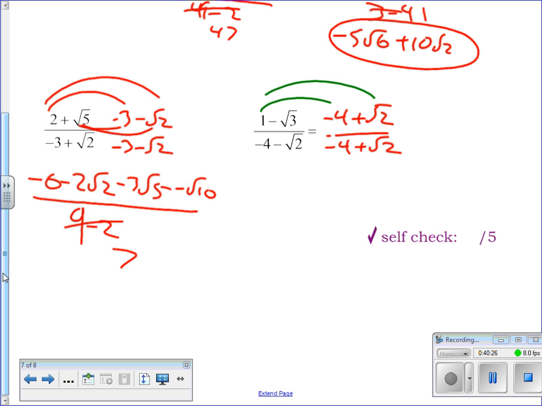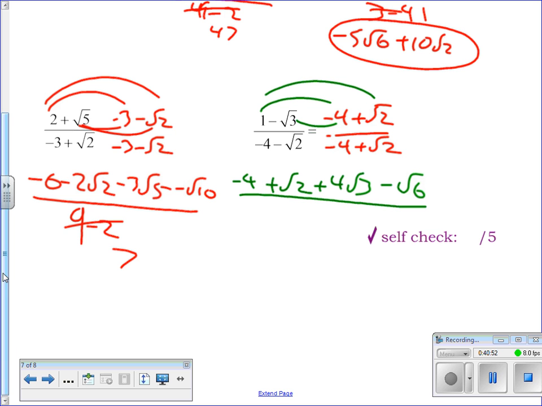Negative 1 times both of those terms gives me negative 4 plus root 2. And then I do negative root 3 times negative 4, which becomes plus 4 root 3. Negative root 3 times 2 becomes negative root 6. And there is nothing I can simplify with that.